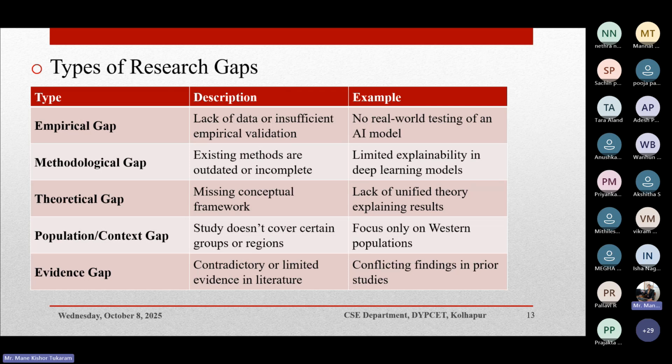So such evidences we can show, so that we can definitely find the contents which are wrong. So these are the different types of research gaps which can be identified.